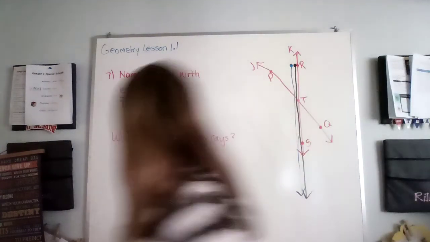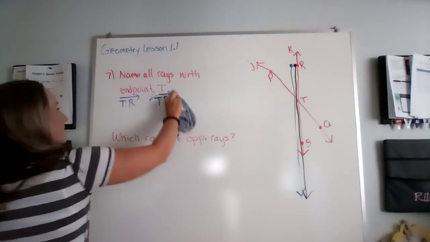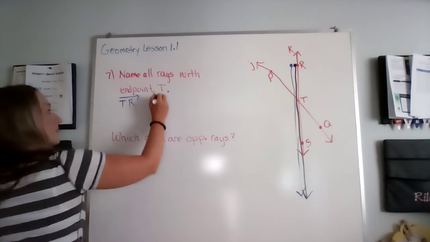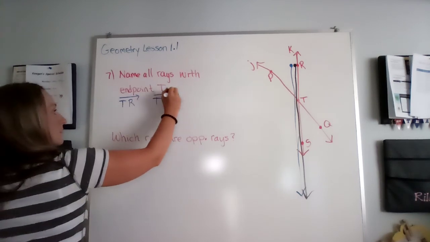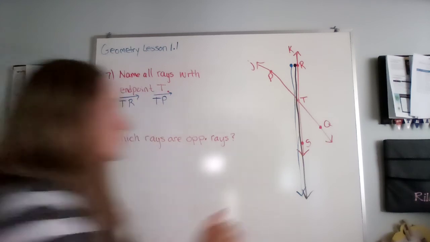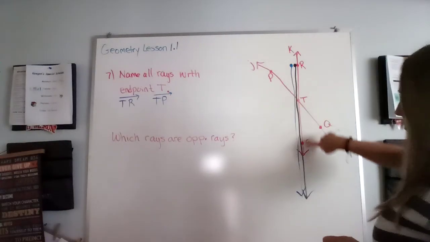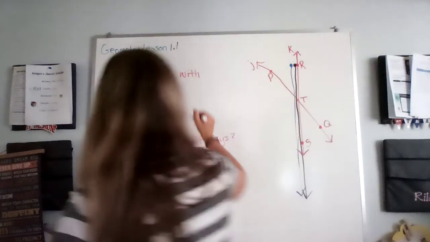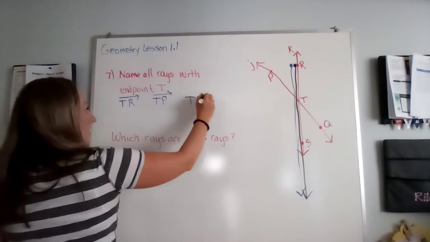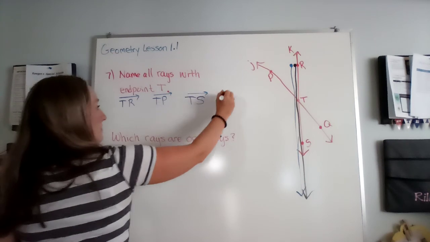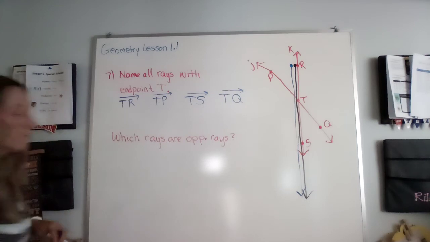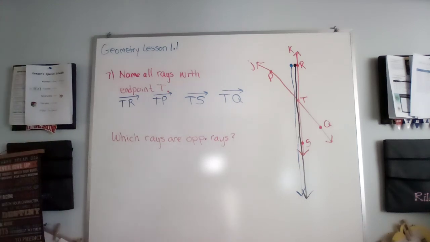It's my eraser. Drew the wrong symbol on top. TP. There we go. You could start at T and go through S forever, and then start at T and go through Q forever. So TS is a ray, and TQ is a ray. Those are the 4 rays that have T as an endpoint, starting location.